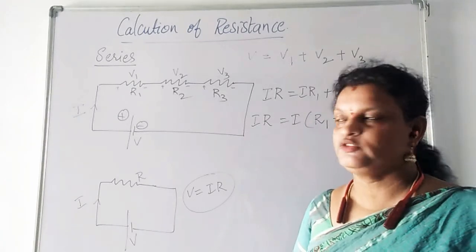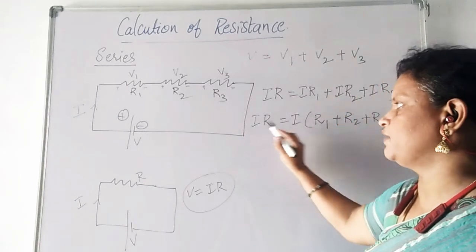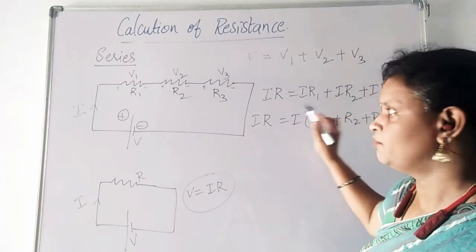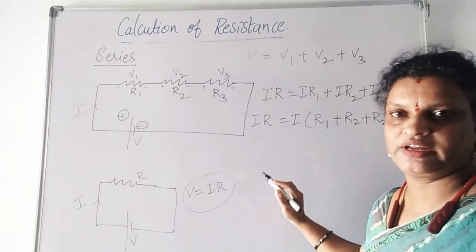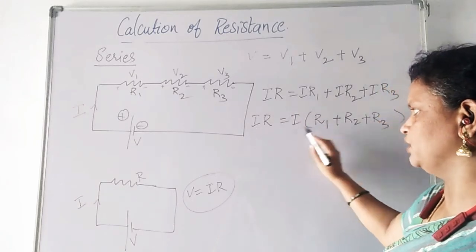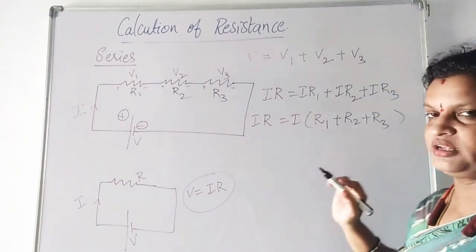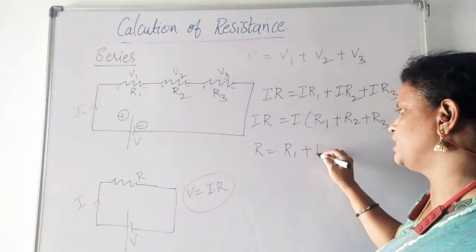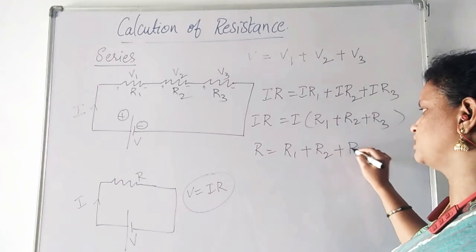Now on both sides the I value is there, so we can cancel that. Directly we can't cancel it, but when we take I separately out, we can cancel it. So IR is equal to I into R1 plus R2 plus R3, and we can write R is equal to R1 plus R2 plus R3.